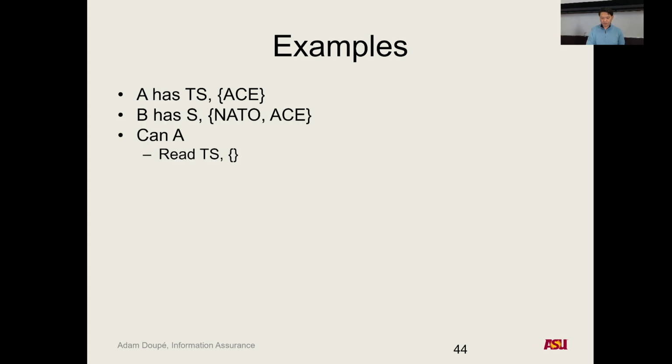We have some pre-assumptions. A has top secret and ACE category. B has secret and NATO and ACE categories. First, can A read top secret and empty categories? So in this case, the read of this TS and empty categories object. What do you think?